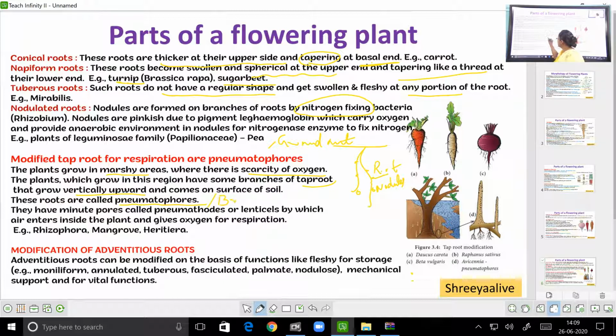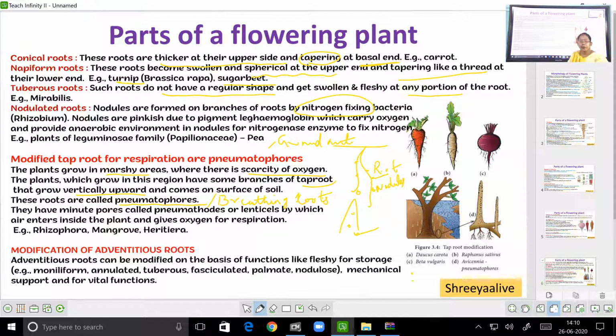Pneumatophores are also called breathing roots. When these roots grow vertically upward, they show the presence of minute pores, which are called pneumathodes or lenticels.